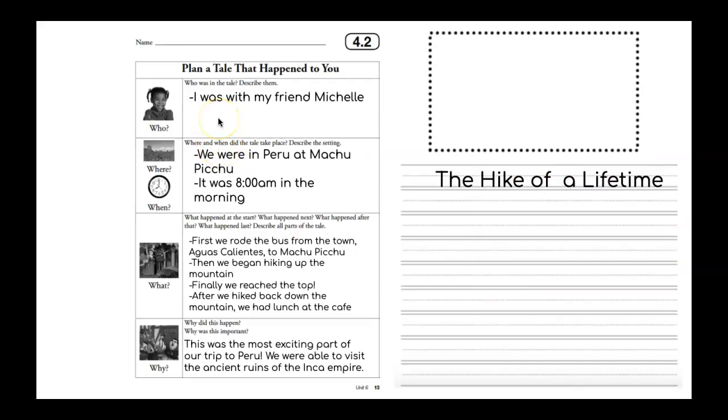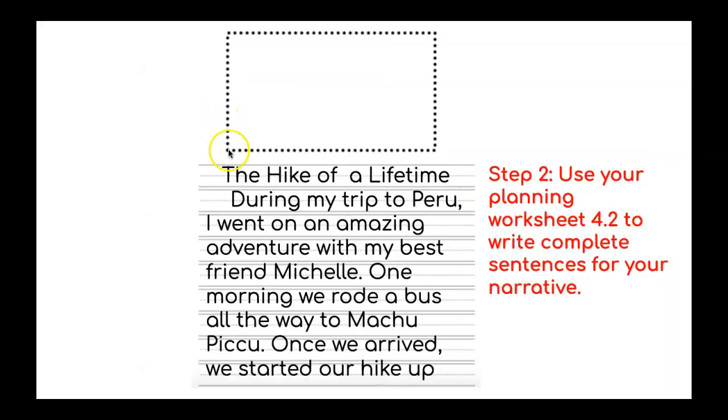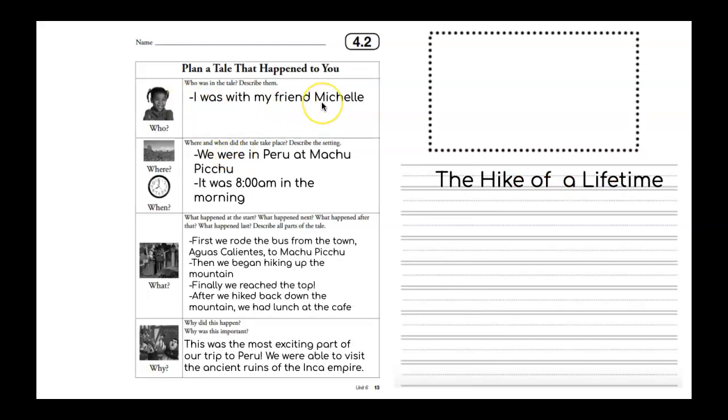So for my planning worksheet, I was writing about a time when I was with my friend Michelle. And where was I? I was in Peru at Machu Picchu, and it was early, it was about 8 o'clock in the morning. And on my planning worksheet, I wrote what happened first. First we rode the bus from the town that we were in to Machu Picchu. Then we began hiking up the mountain.